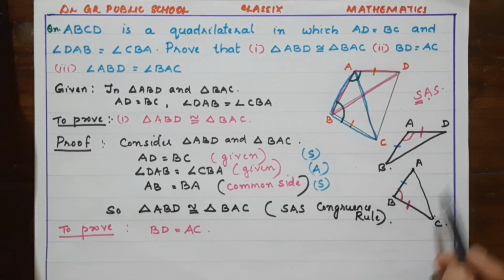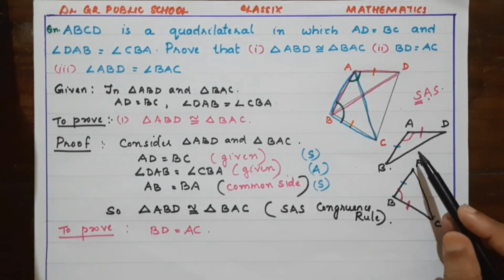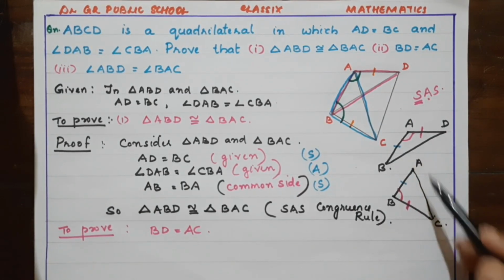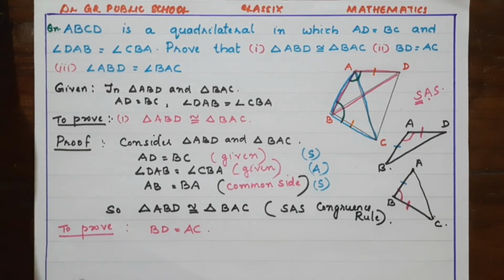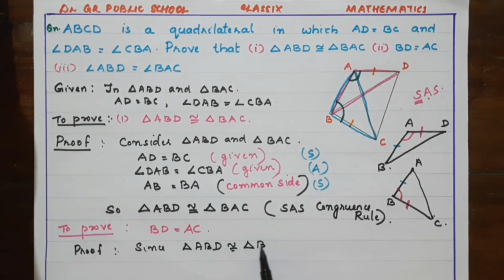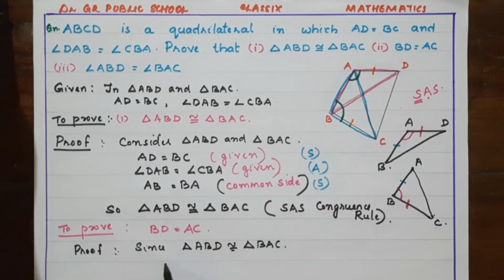Surely you can say BD equal to AC because they are corresponding parts of two congruent triangles. So we can write the proof. Since triangle ABD is congruent to triangle BAC, we can write BD equal to AC. Reason: CPCT.